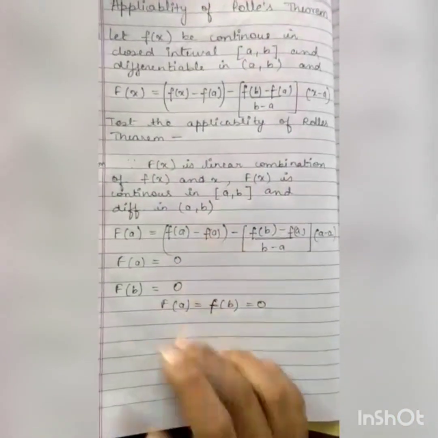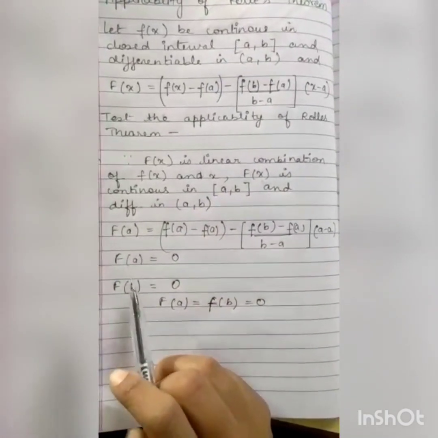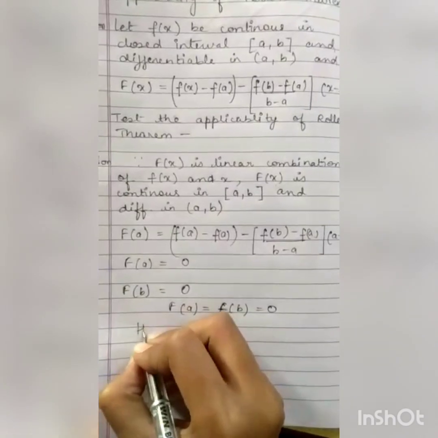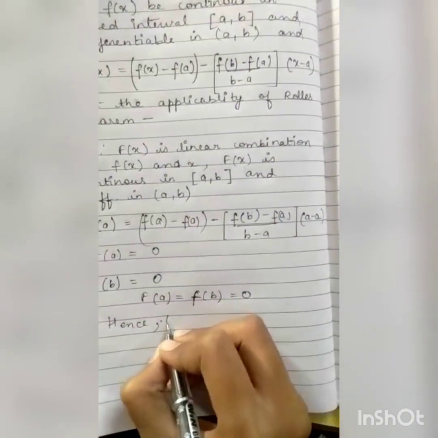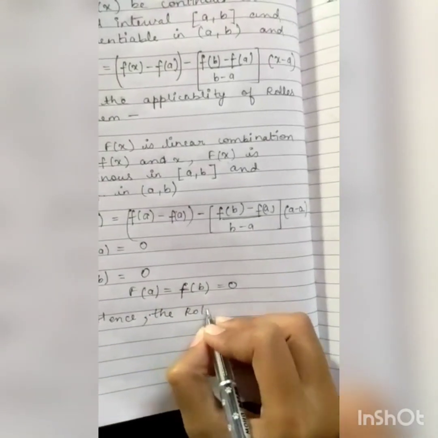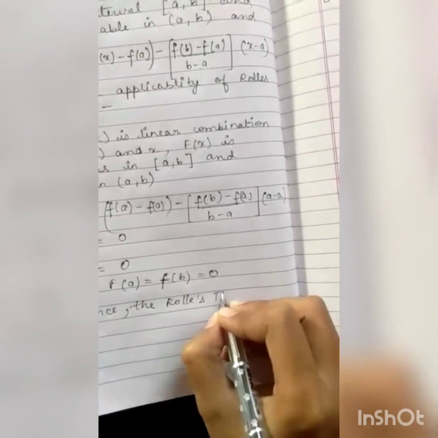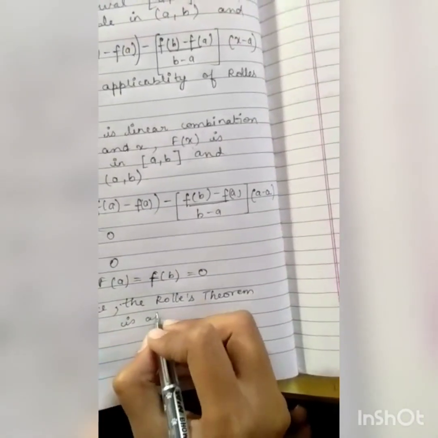And we see that all the three conditions of Rolle's theorem are satisfied. Hence we say, Rolle's theorem is applicable.